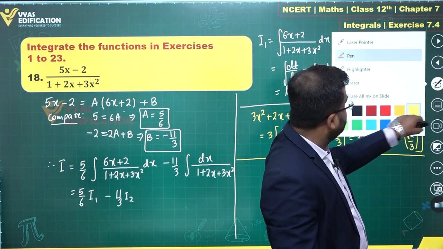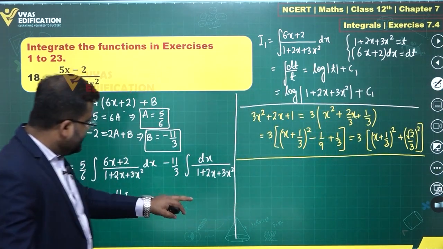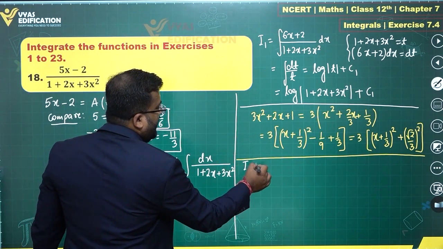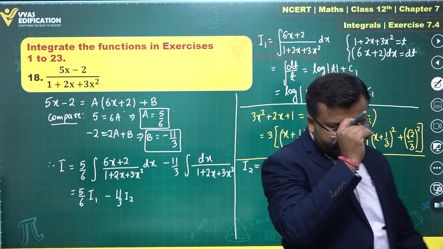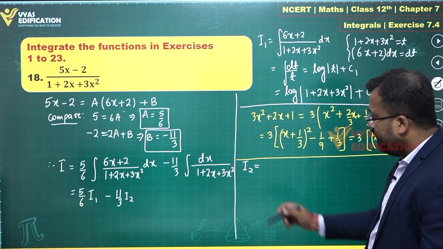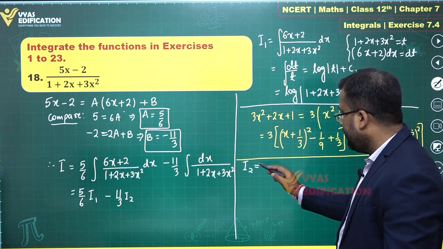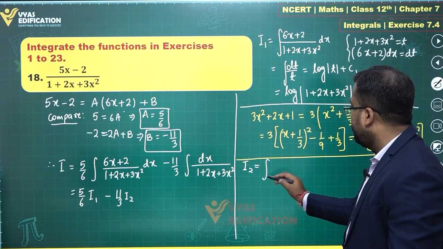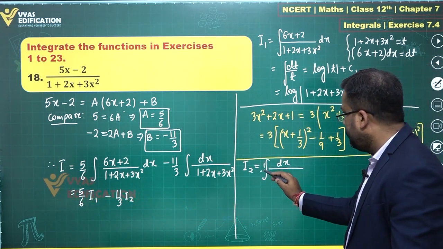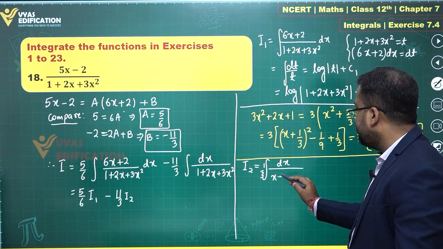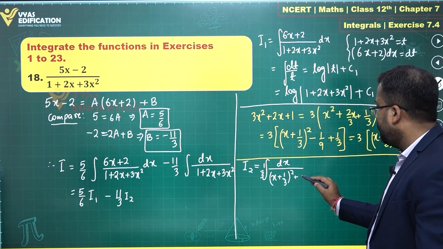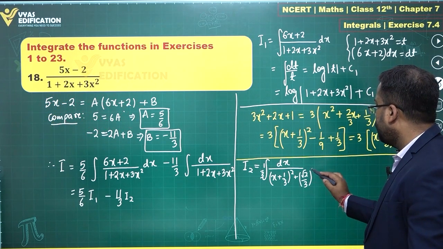Once I have that expression, I can easily write this integral now using a formula. I2 over here becomes the integral of dx upon 3 in the denominator, which will come out, and what remains is x plus 1 by 3 square plus root 2 by 3 square.